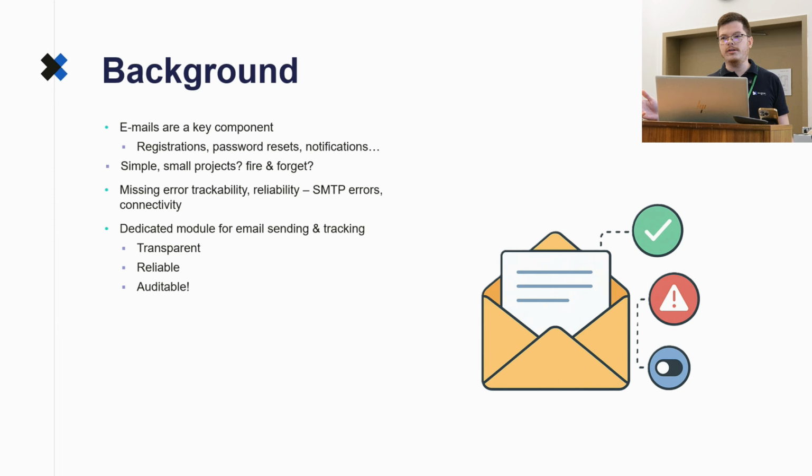And because the email sending happens in the background, the problems can stay unnoticed for a long time. That's why we decided years ago to build a custom email module, one that would make sending and tracking emails transparent and reliable and auditable as any other email process.